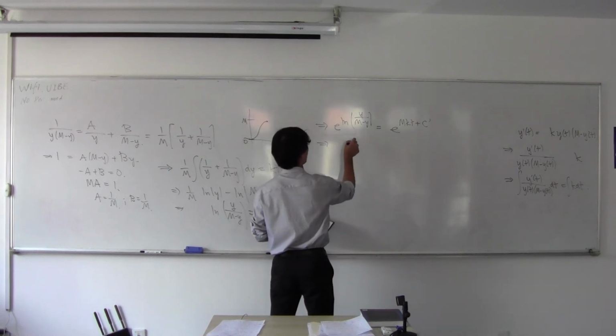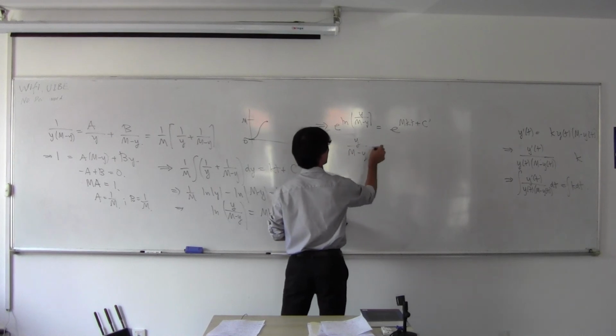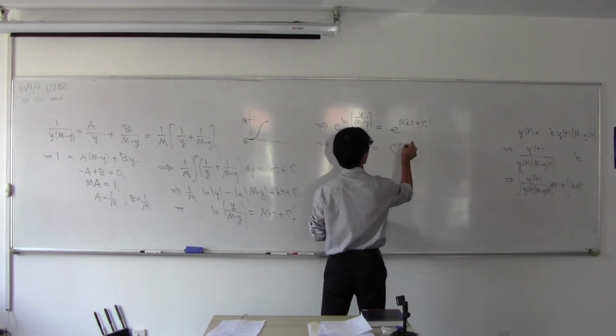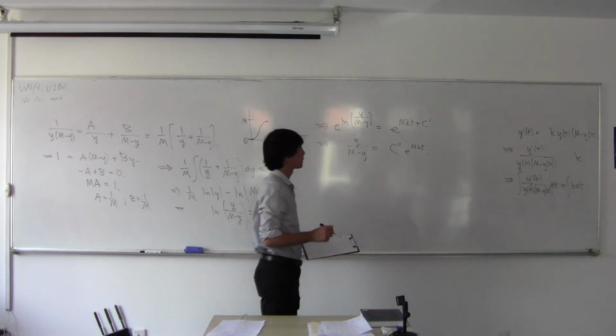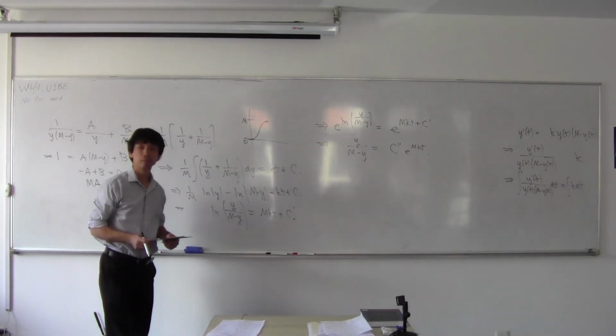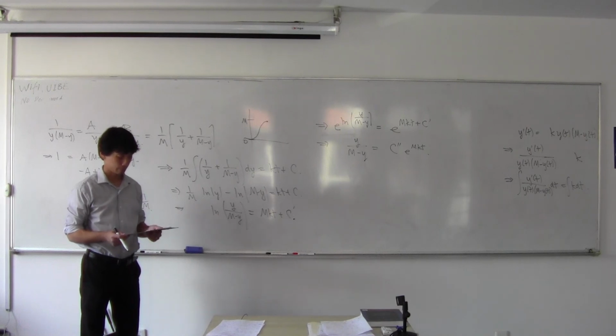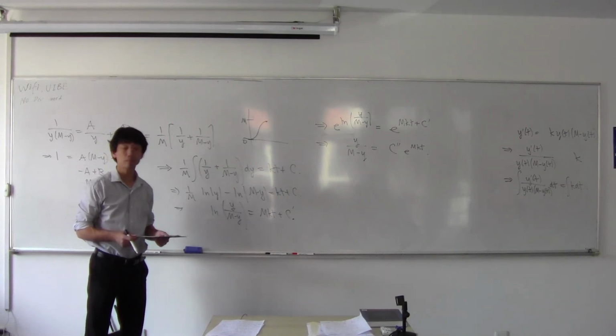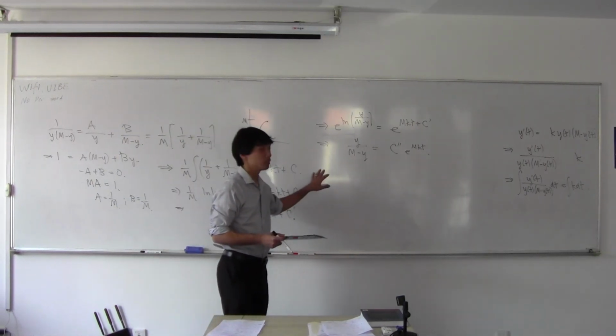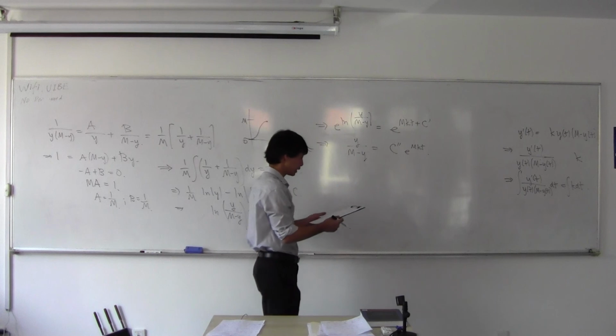That's to say that y over m minus y equals some new constant times e to the mkt. Okay, gonna keep on going.